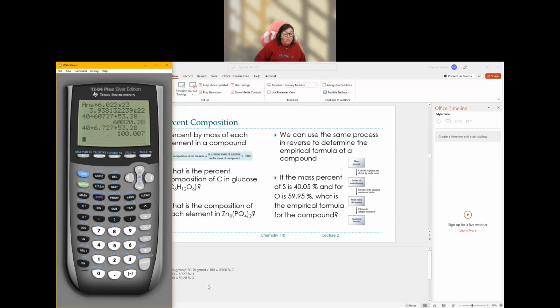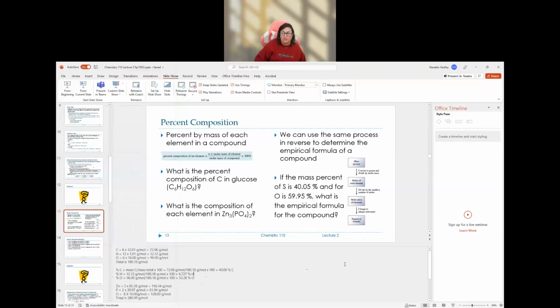And that's what it should be. It's never going to be exact, but it should be very near 100%, because if it's not 100%, we haven't accounted for everything, and if it's over 100%, we have too much of something. So 100% is what we're looking for. That's our percent composition of carbon in glucose, and I also did the hydrogen and the oxygen.